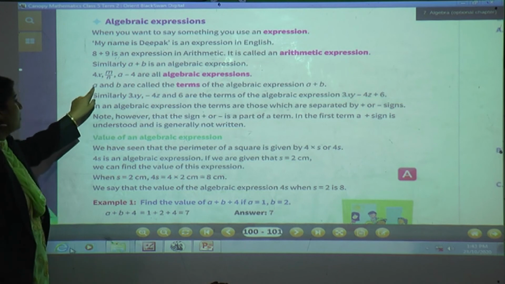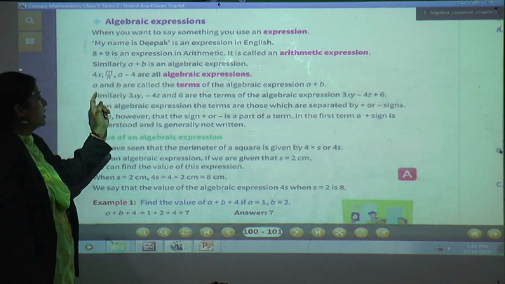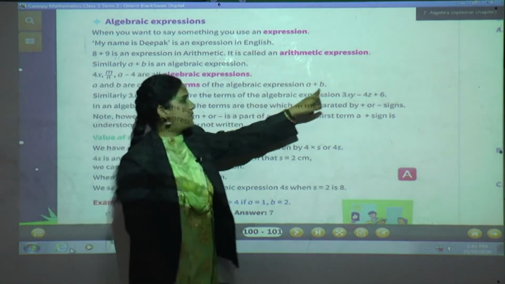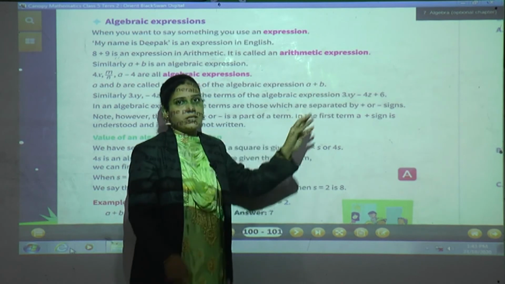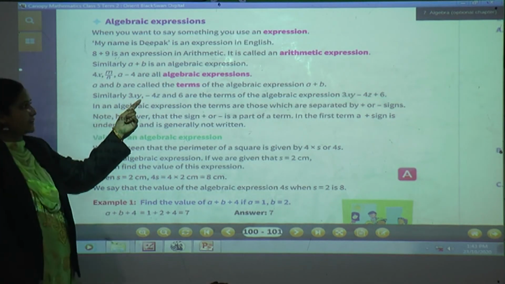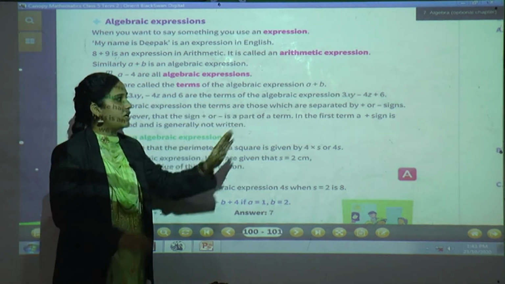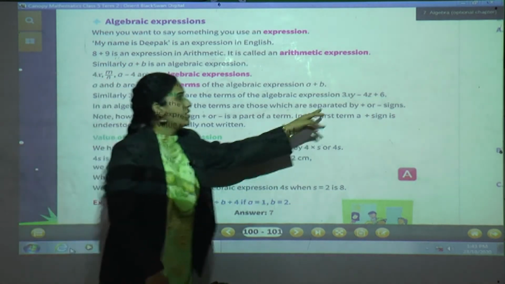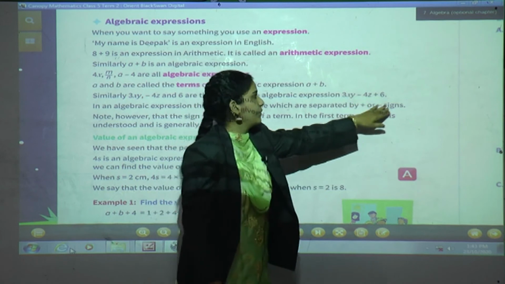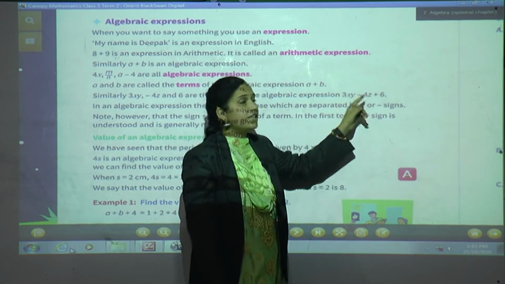Okay. Now a and b are called the terms of the algebraic expression a plus b. Here is an expression and a and b are called the terms. Similarly, 3xy, minus 4z and 6 are the terms of the algebraic expression 3xy minus 4z plus 6. Here is a sum given in algebra and these are the terms with their signs.